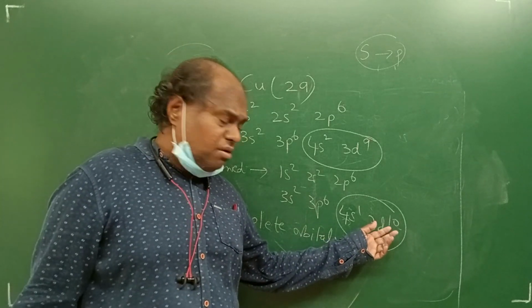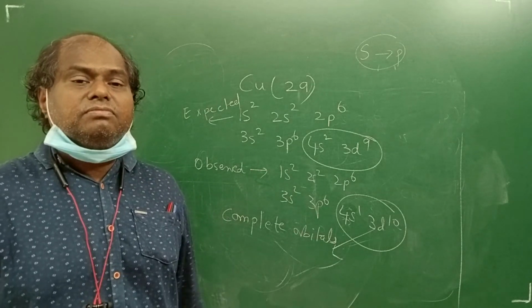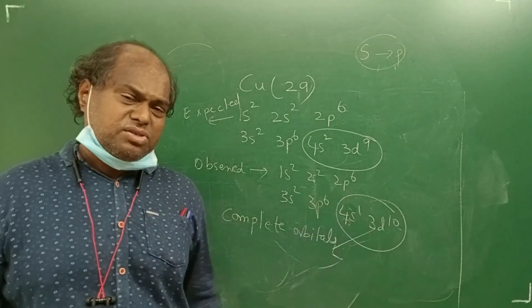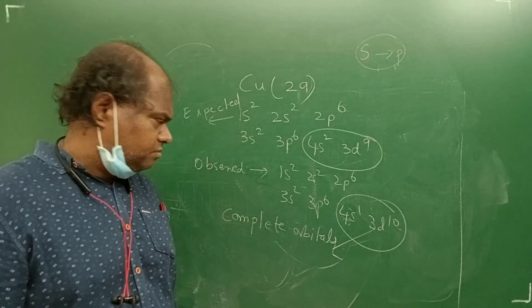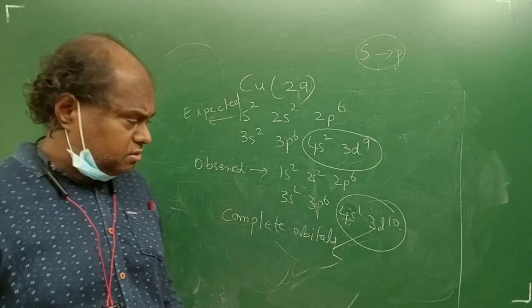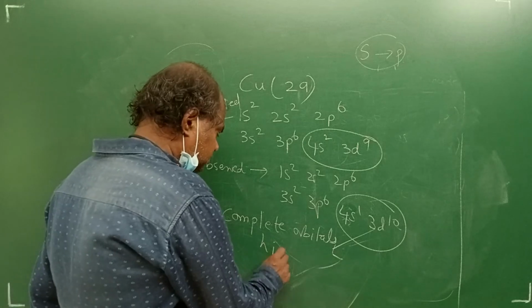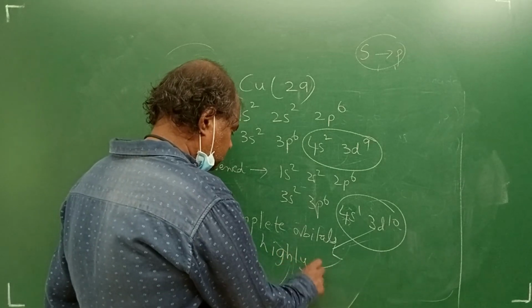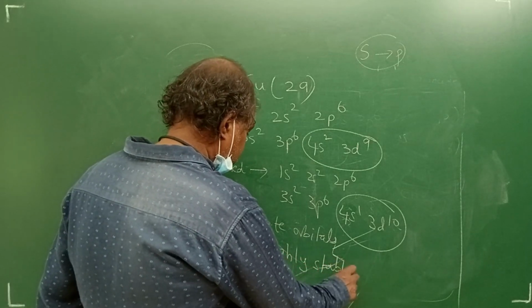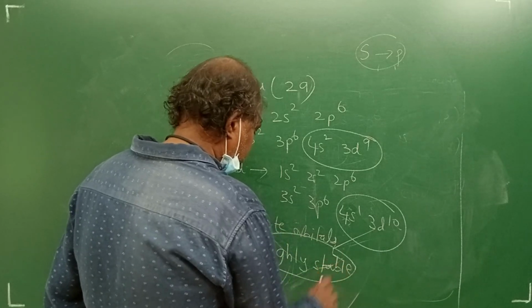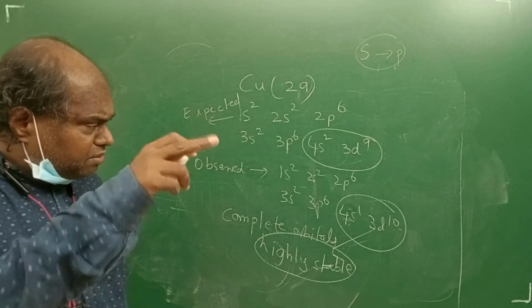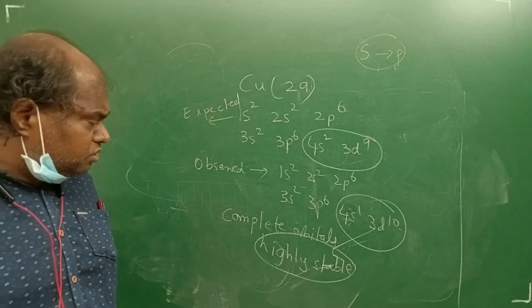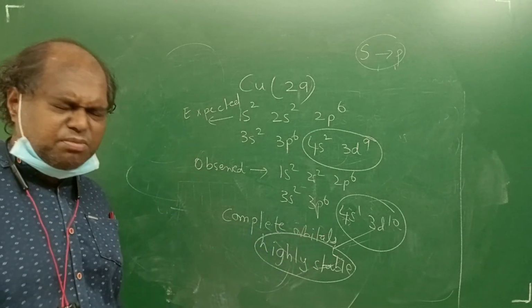The maximum capacity of d orbital is 10, so you fill all the 10 electrons. Complete, finish, very stable, highly stable. Are you getting it? So that's the reason why you are shifting from S to D, because you get a complete orbital. D maximum capacity is 10.